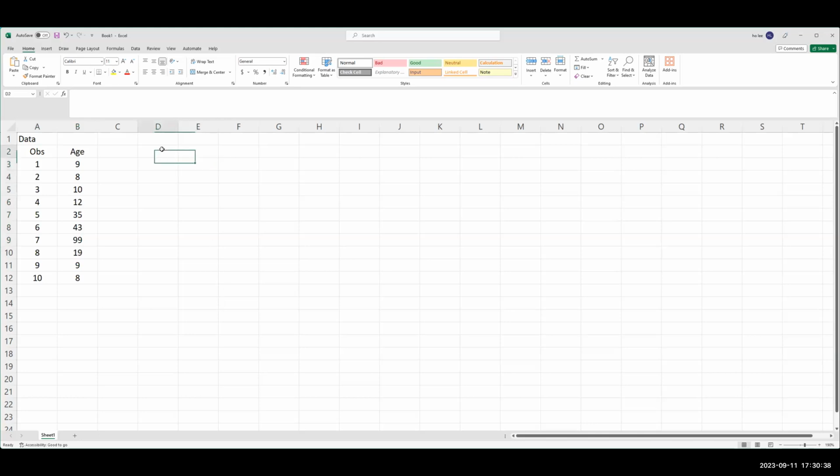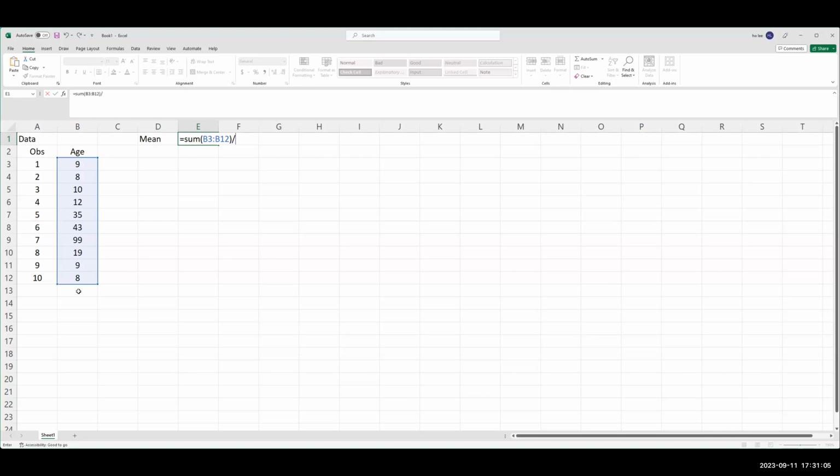Okay. So to calculate the mean, we have the easy way and the hard way of calculating this. The hard way would be to calculate using the formula, and this would equal the sum. You have to sum all of the ages. Highlight all the cells, divided by how many observations do we have?